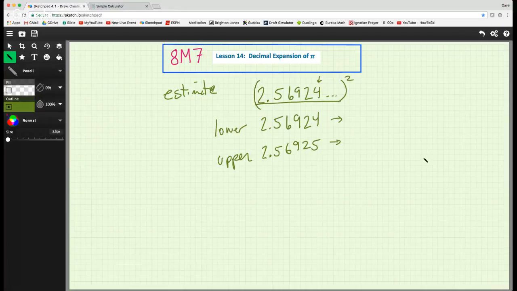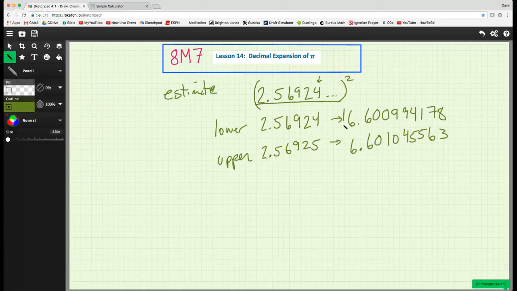So let's do 2.56924 squared. And that's equal to 6.600994178. And 2.56925 squared is 6.601045563 using my calculator.